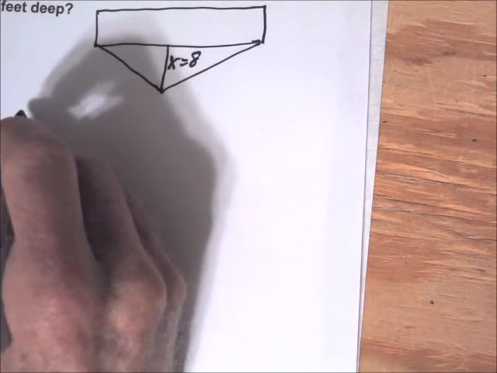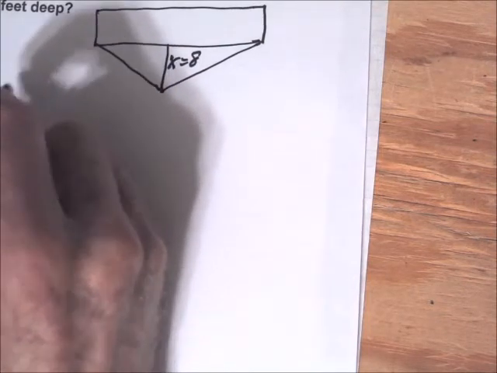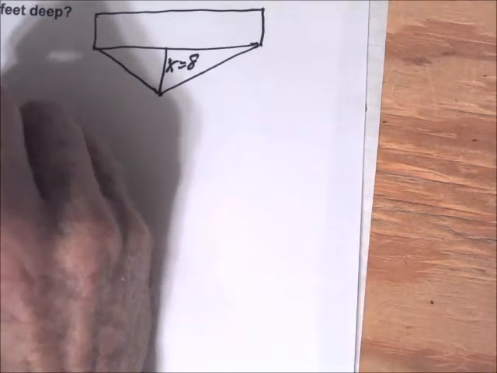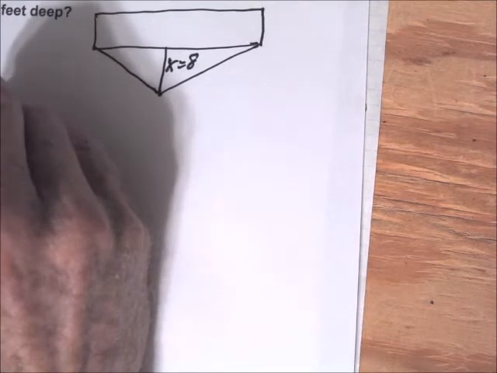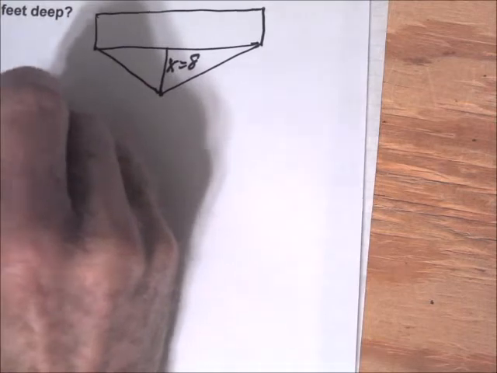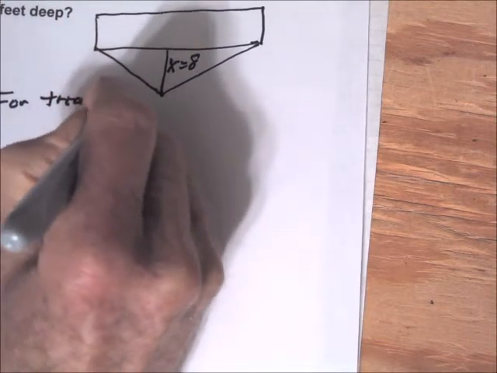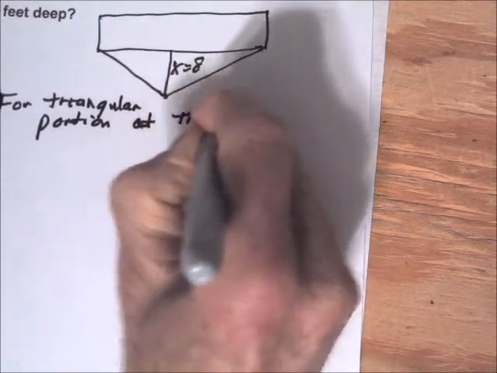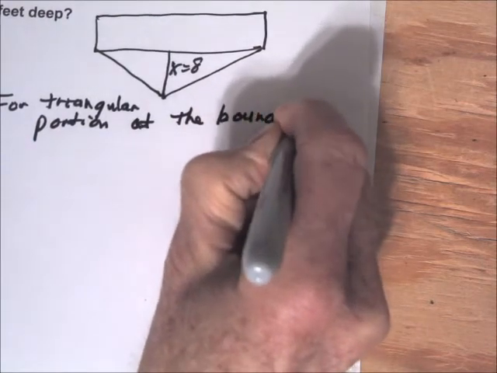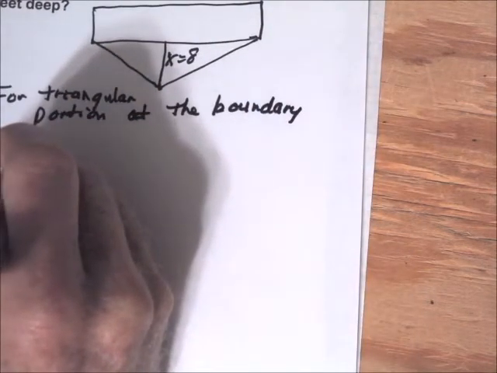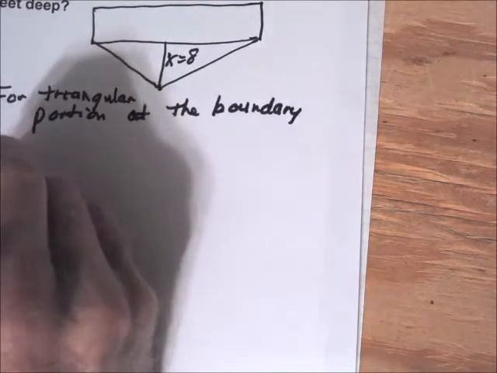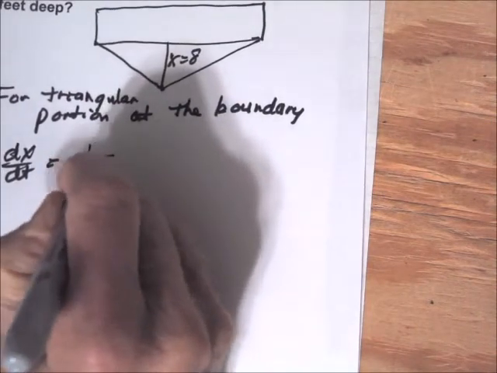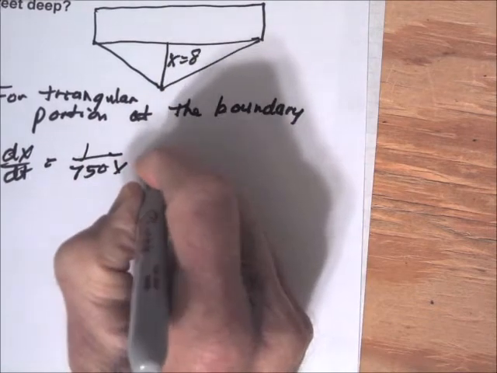For the triangular portion at the boundary, again, we use the same formula as before. dx/dt is equal to 1 over 750 x times dV/dt.